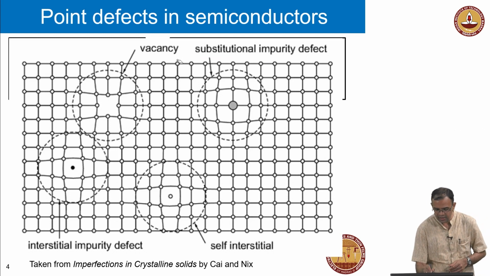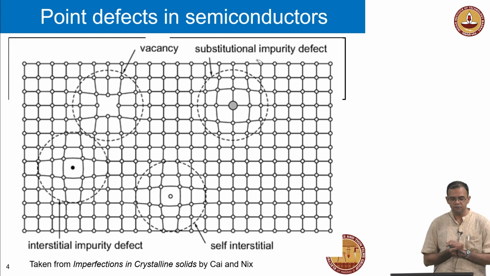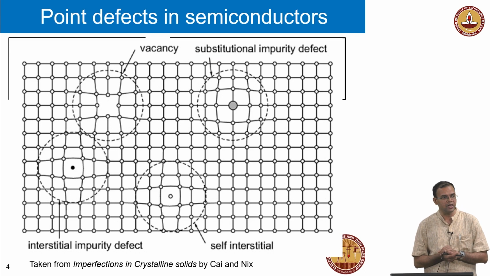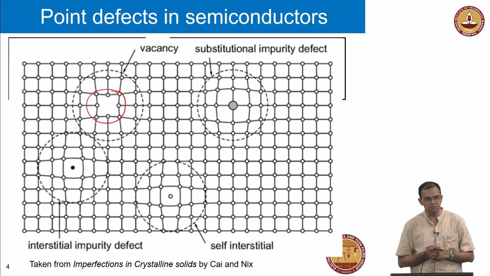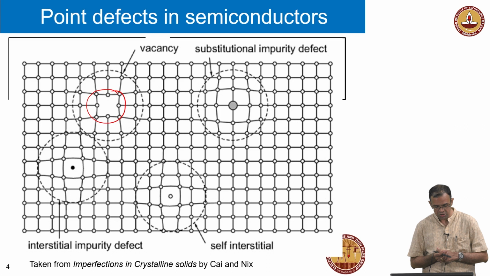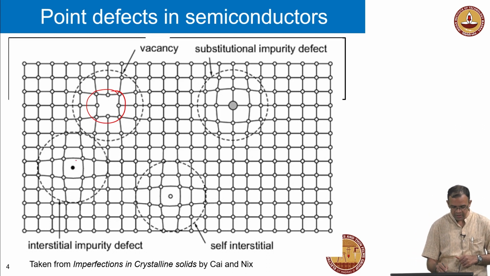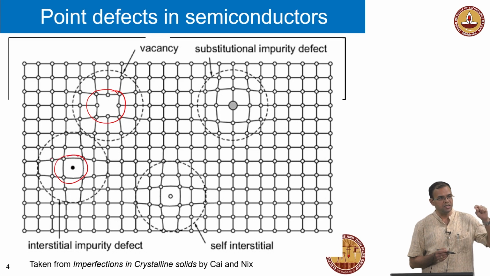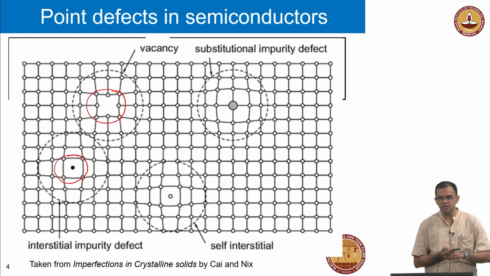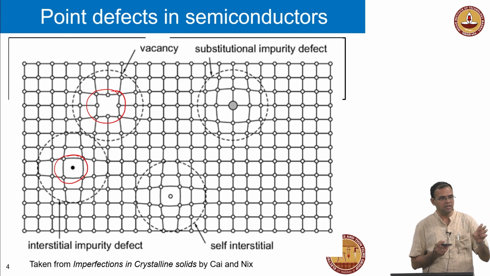So let's look at the types of point defects. So I told you you can have a vacancy. So this is an example of a vacancy where an atom is removed from its position. You can have an interstitial where an extra atom is introduced into the lattice. Whenever we have a vacancy or an interstitial, there is always some distortion of the lattice around this defect.